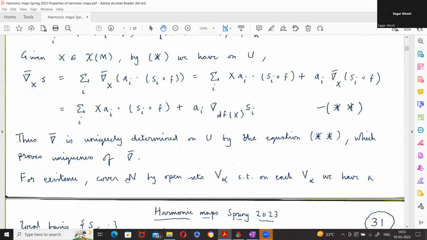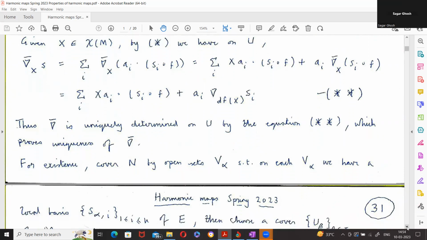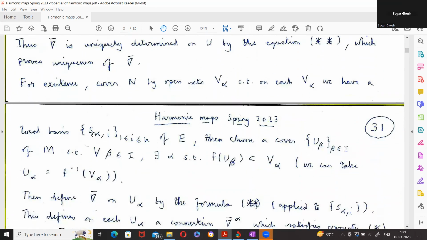You just cover N by an open cover V alpha such that on each V alpha, we have a local basis S alpha i, i from 1 to k, where k is the rank of the bundle E. Then given this cover V alpha of N, you choose an appropriate cover U beta of M such that every U beta maps into some V alpha.